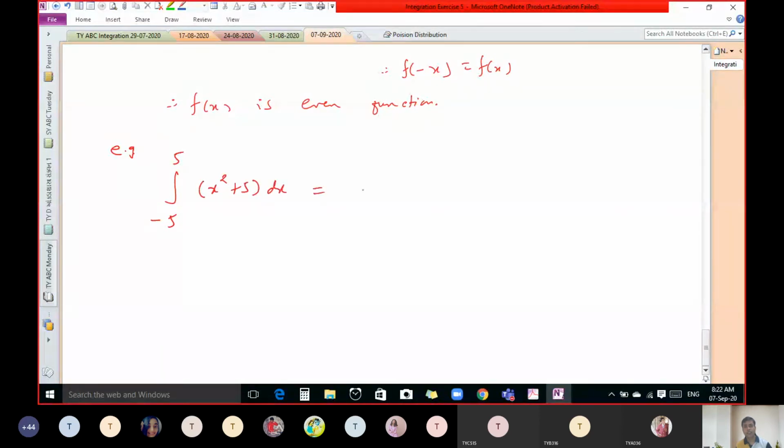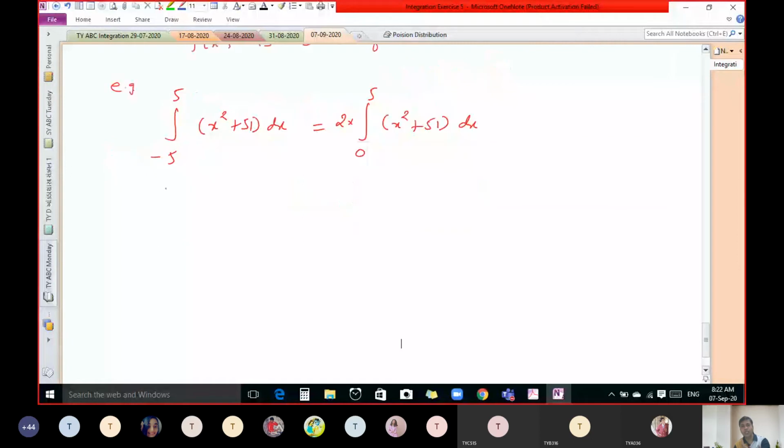So the answer of this is 2 times the integral from 0 to 5 of (x^2 + 51) dx. So here x^2 + 51 is an even function. So either you can find out the answer of this left hand side or this right hand side, your answer remains the same. So these are the 8 properties.